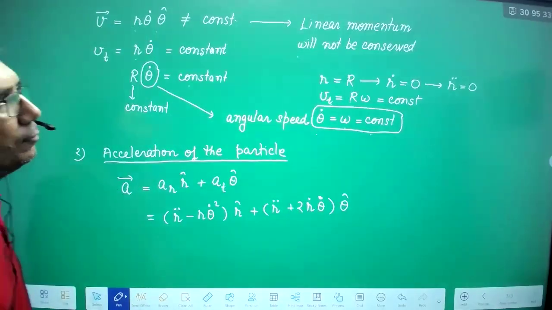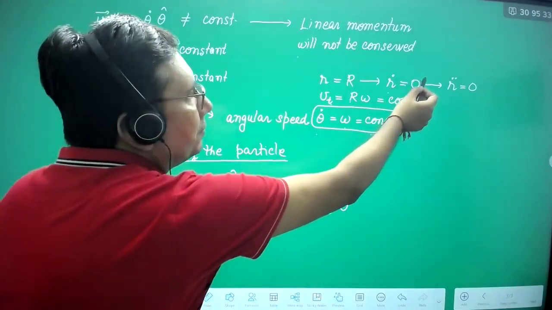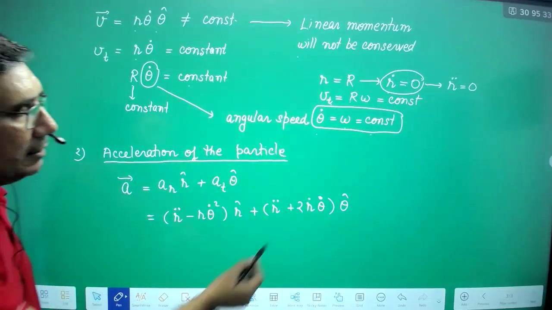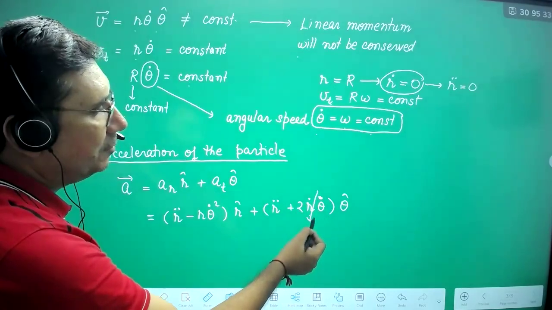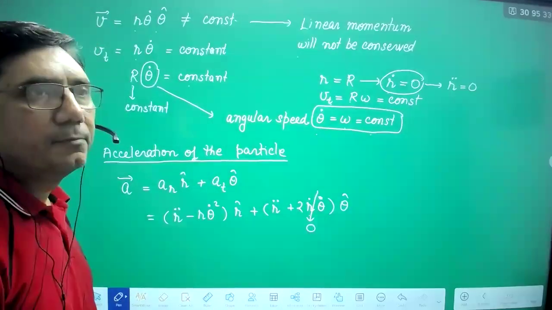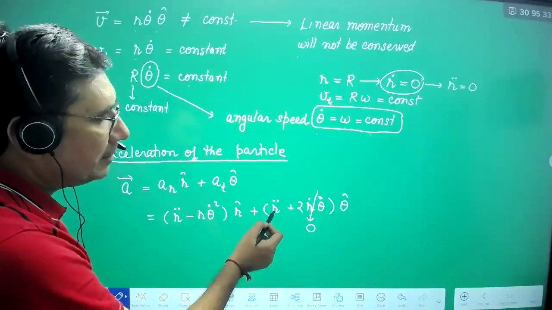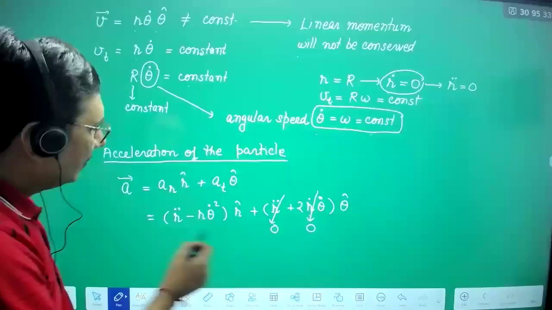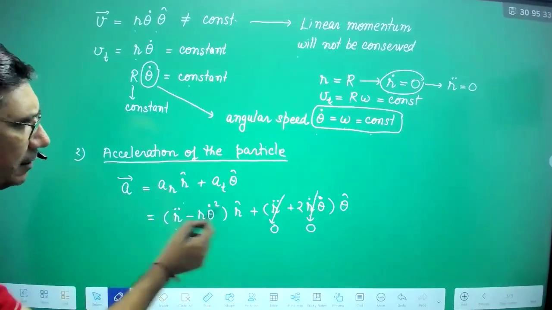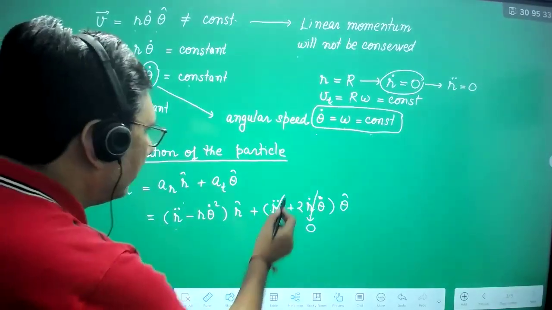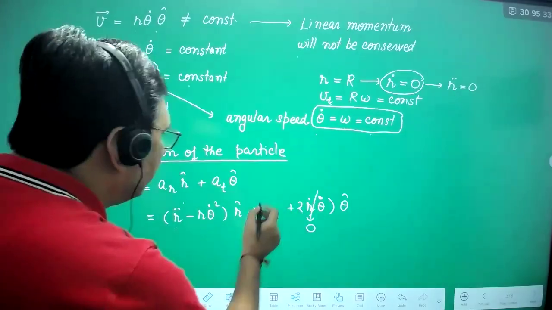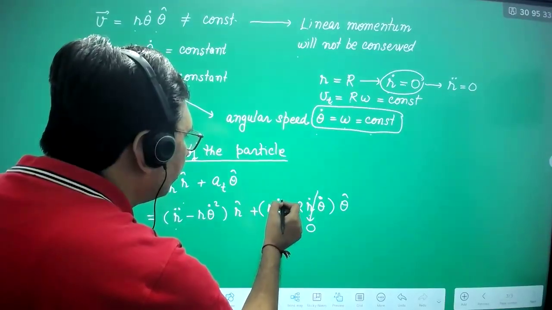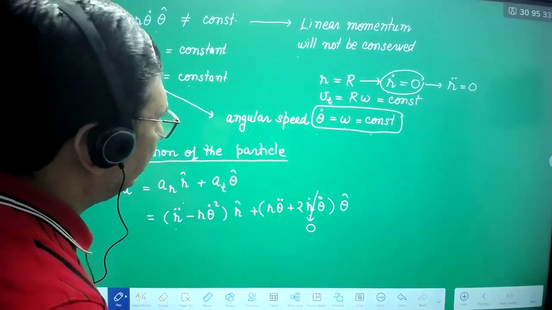If you look, R dot is 0, so this term will be 0. And this R double dot is 0. Please correct it: the first term in the theta part is R theta double dot, not R double dot.